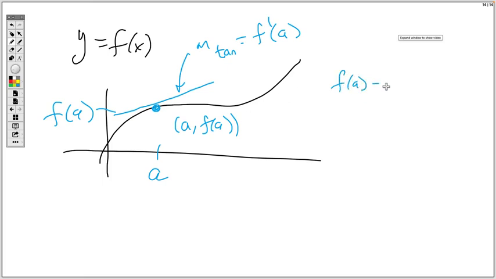So f of a, that was the y value on the graph. F prime of a was the slope. And we had two different limit definitions of derivative. They were equivalent, and hopefully you took the time to watch those videos to give you extra practice.